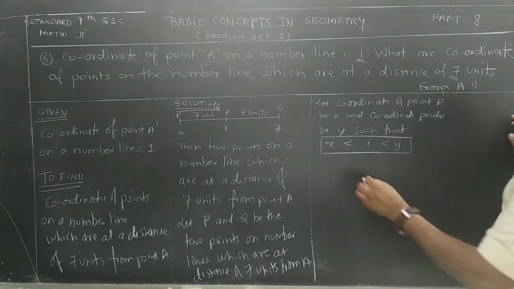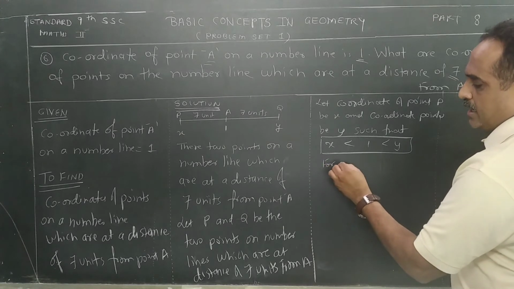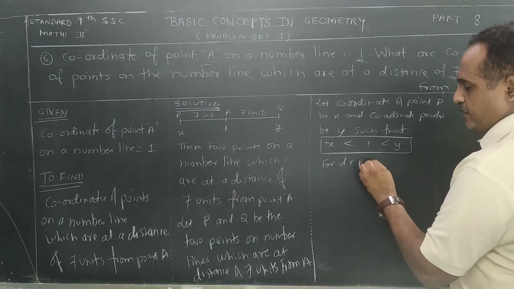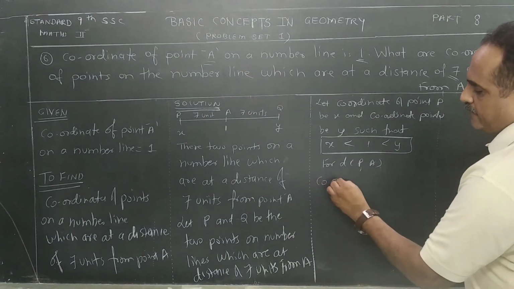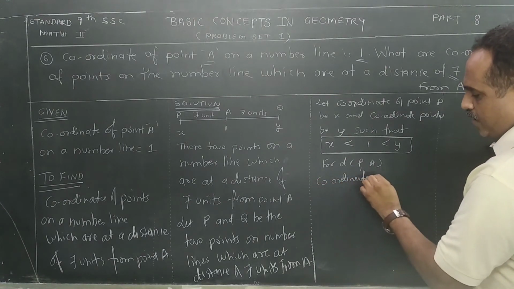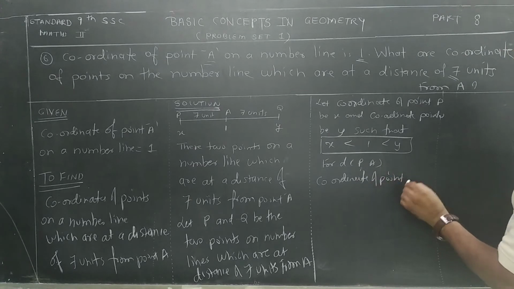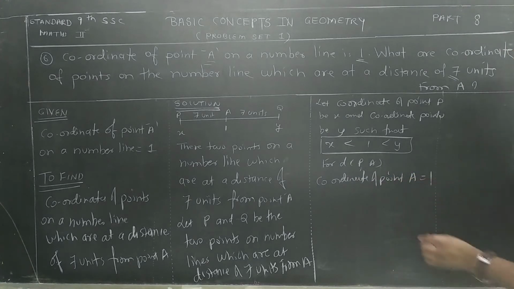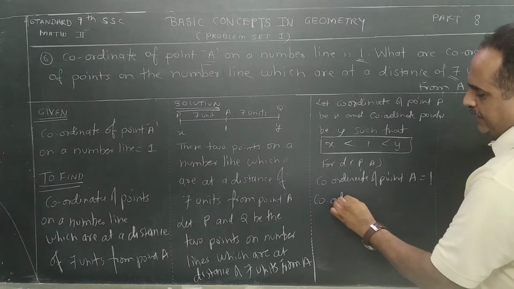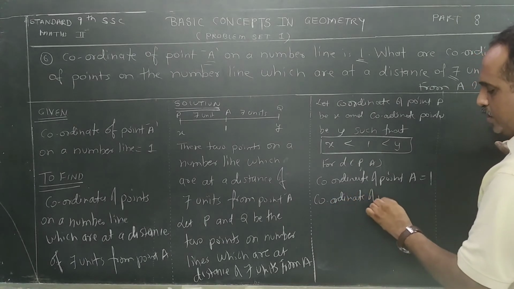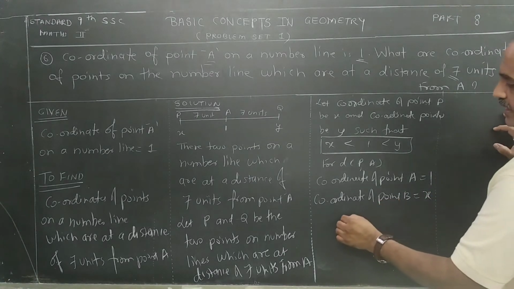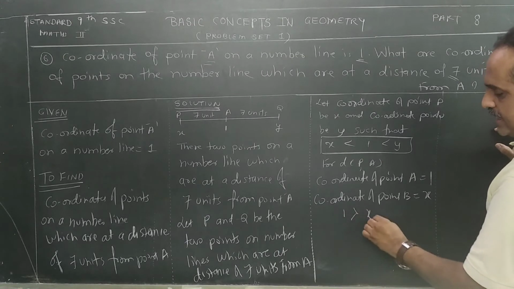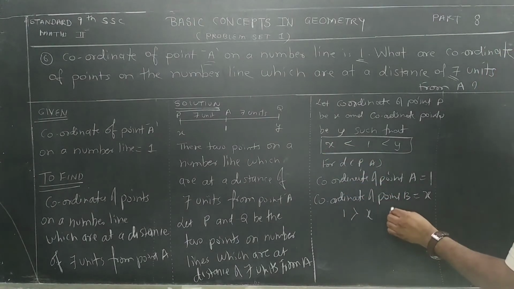So, for distance PA, what is the coordinate of point A? Point A is 1 and the coordinate of point P is X, and 1 is greater than X. Yeah, here what you have written?